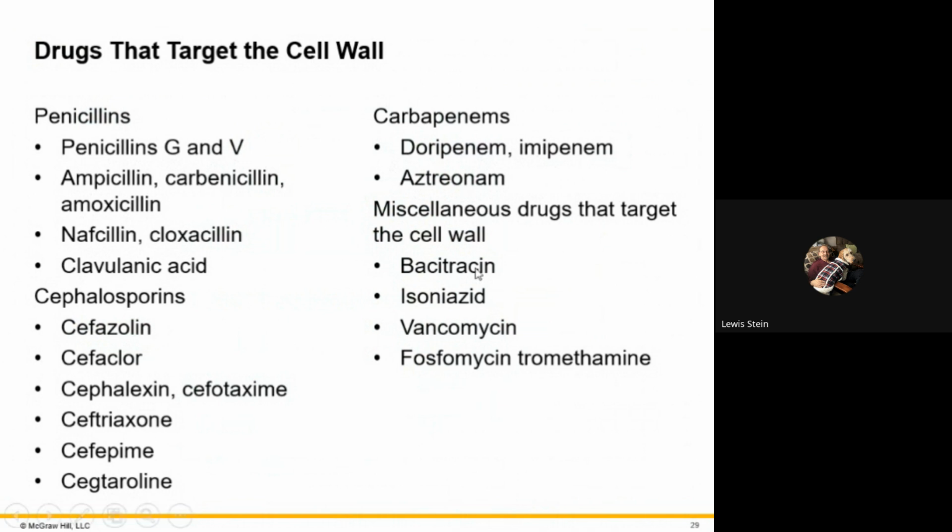And then the whole miscellaneous category here: again, bacitracin is topical. This is an anti-tuberculosis drug. Vanco is very important, and you're going to see it. This is one of those agents that is on the pecking order, and I'll give you my pecking order for how we treat MRSA down the road. Vanco is really at the very end of it, because we used it so much.